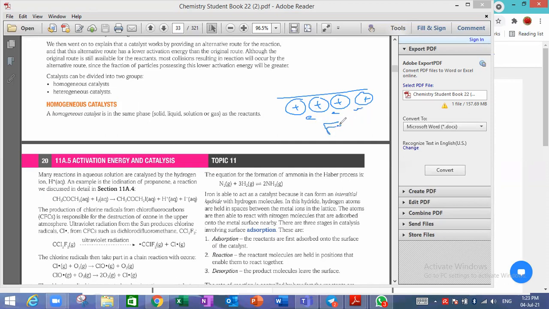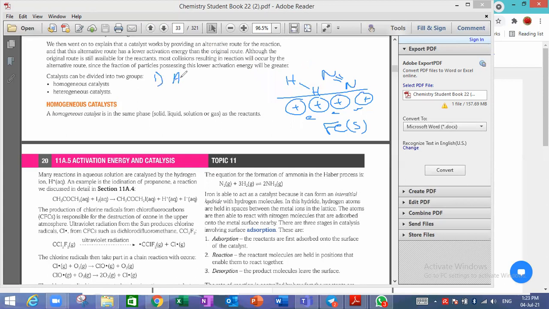But this is the solid iron, and then we have the reactants, the nitrogen molecule, and the hydrogen molecule.